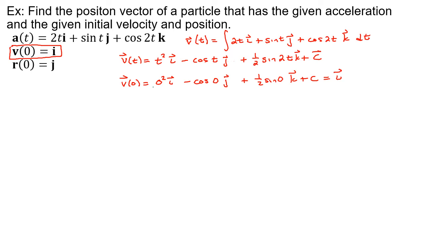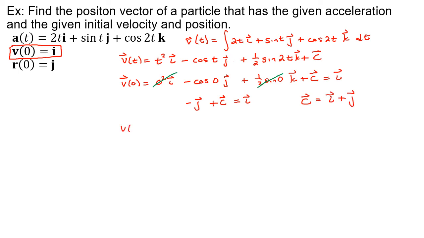Well, in this case, cosine of 0 will not go away. Sine of 0 goes away, and the 0 squared goes away. But not the cosine 0. Cosine 0 is 1. So this will give me negative j plus c equals i. So c must have been i plus j, moving the j to the other side.